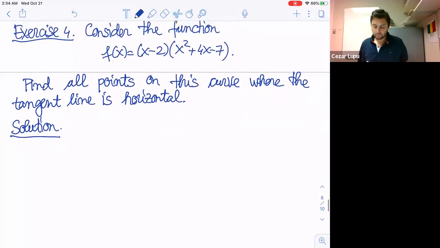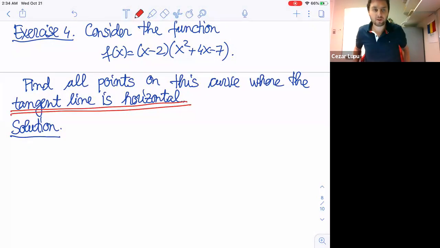Well, we would like to see when the tangent line is horizontal. We'd like to address this. So when is this horizontal?